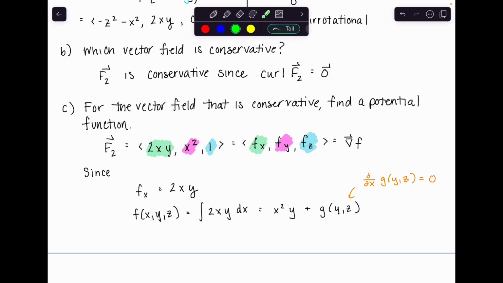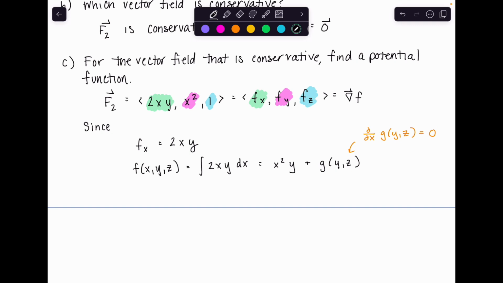Now, I've used this first piece. I want to move on and utilize the second piece. So I'm going to differentiate this with respect to y and see what happens. Since my derivative with respect to y, I know, is exactly equal to x squared, that comes from my original vector.